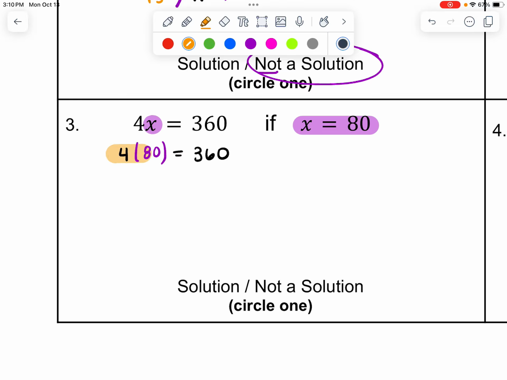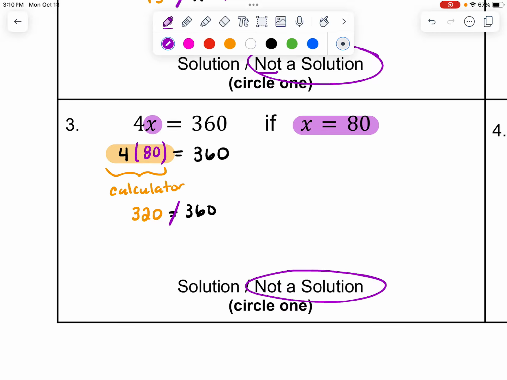I will type in the left side on my calculator. 4 multiplied by 80 is 320. And I will copy. These are not equal, so I will say that this is not a solution.